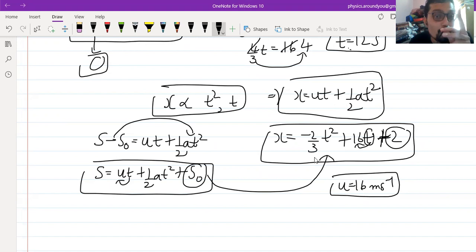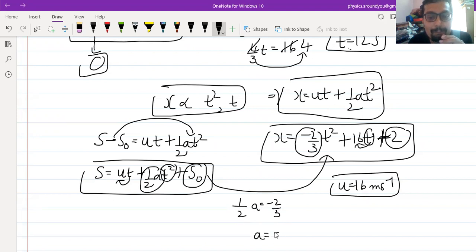Now, the most important one. What is the coefficient of t square? Half a. Coefficient of t square here is minus 2 by 3. Half a equals minus 2 by 3. So what is a? Minus 4 by 3 meters per second square. What is the practical implication of this?